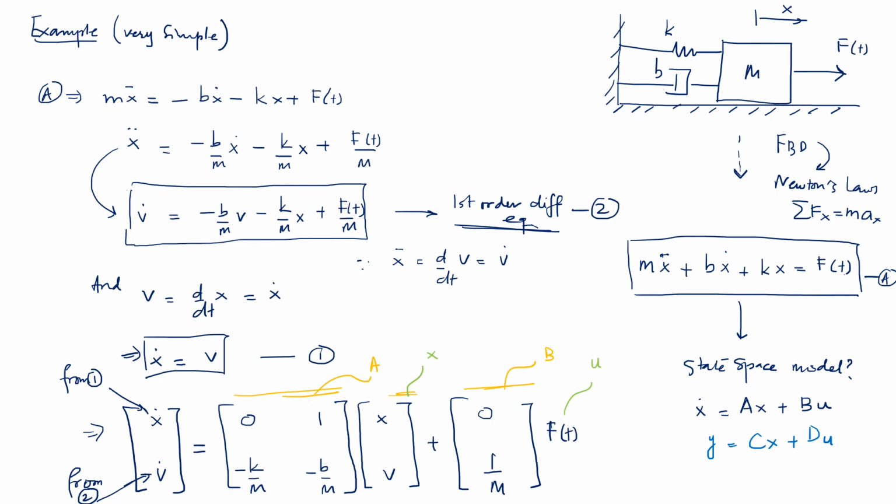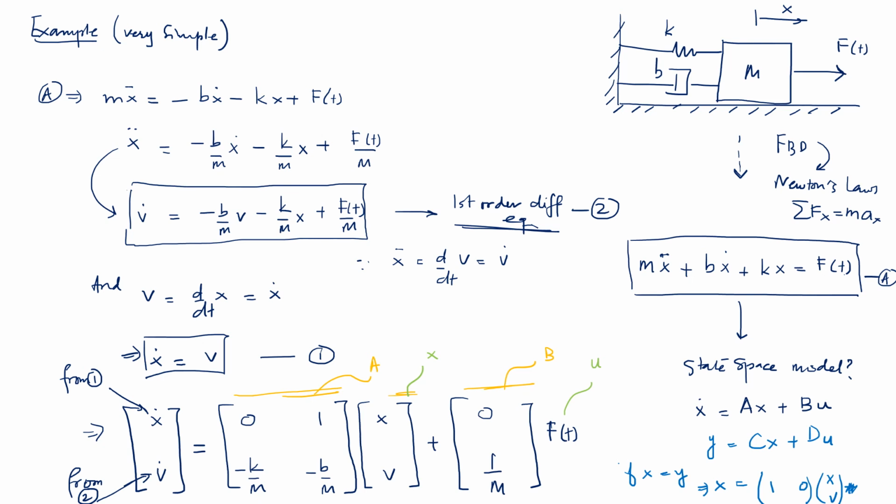And if I require, in my case, position to be the desired output, then y is going to be x, equal to 1, 0 times x and v, plus nothing added in it. So D is going to be 0, so I'm going to avoid writing that down.